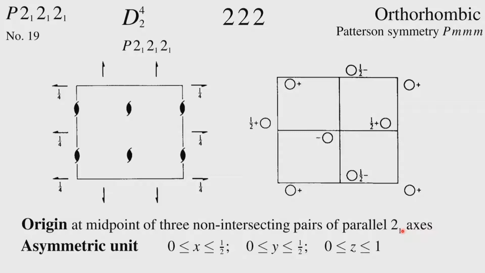Now, this has to be examined carefully because we have 3 directions now. 3 directions are 90 degrees with respect to each other. So, every one of the 2 unscrew operations are happening parallel to each other and parallel to the 2 1 axis. But these 2 1 axes now are midpoint between 3 non-intersecting pairs.